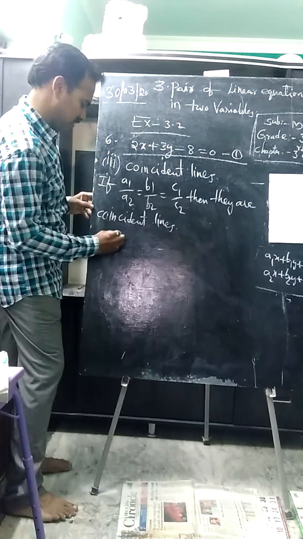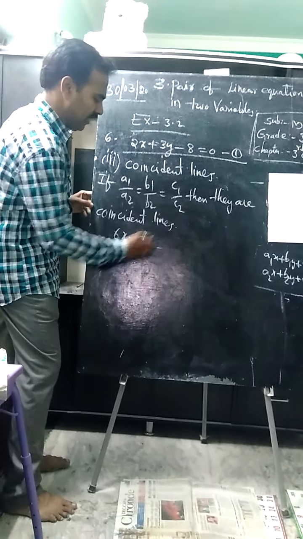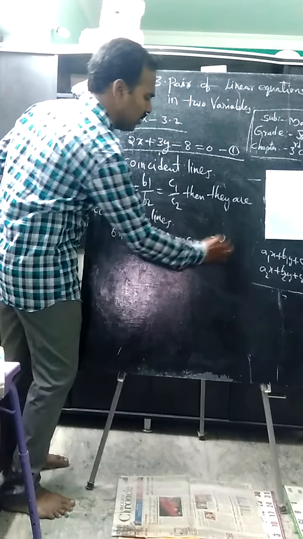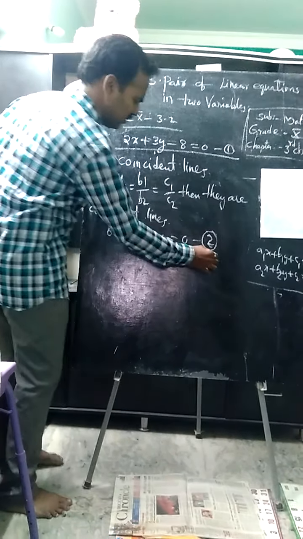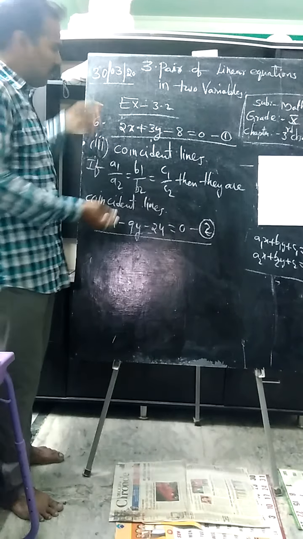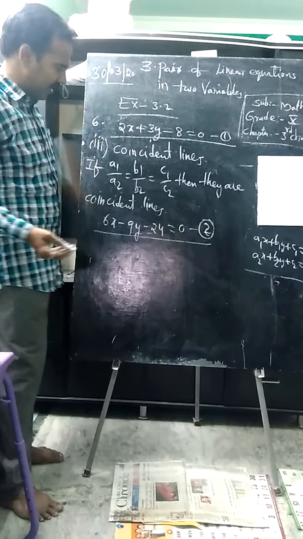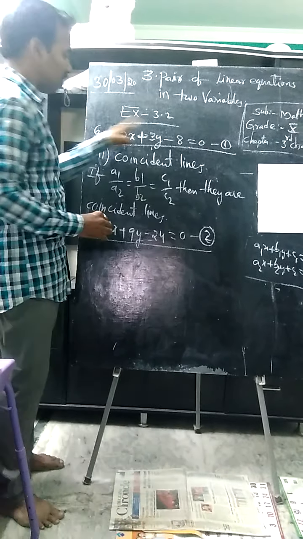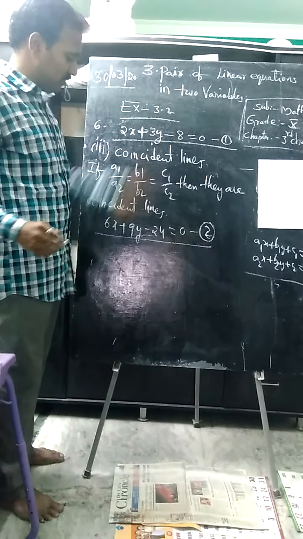I will take like this: 6x minus 9y minus 24 equal to 0. Simple way, students, as we discussed already. Take one more equation which is a multiple of this. Multiply by 3: 3 2 is 6, 3 3 is 9, sorry, a plus is there, so plus 9, 3 8 is 24.